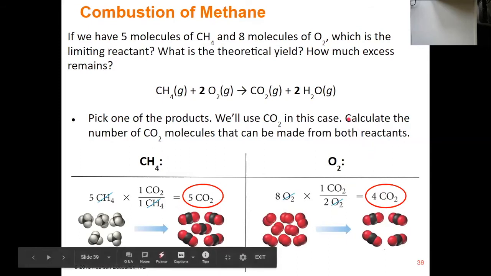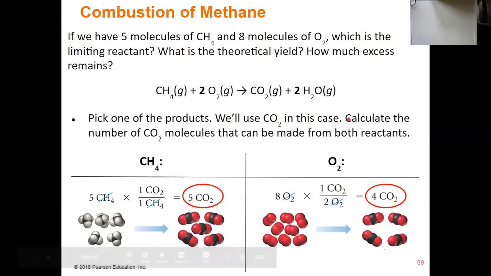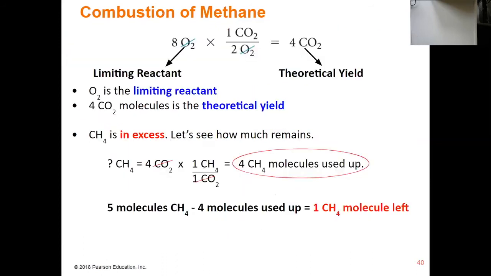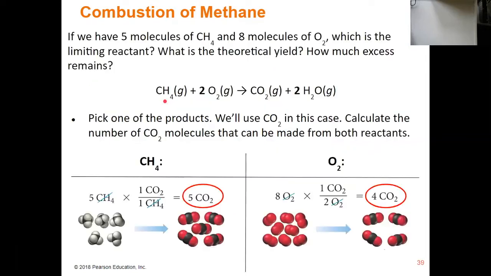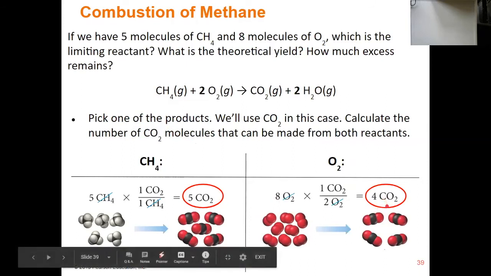Okay, now again, at this point, you know the answers to your questions, right? You know that oxygen is the limiting reactant. Why is it the limiting reactant? Because my 2 product values, one was 4 molecules of CO2, one was 5 molecules of CO2.